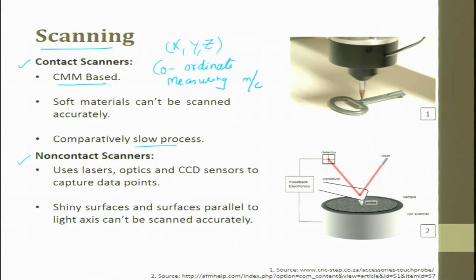The non-contact type, we can use laser or optics and CCD sensors to capture the data. This is a typical atomic force microscope working principle image. I have just put it as laser non-contact scanning for your understanding. So, here is a probe. At the back side of the probe you put a reflecting material.